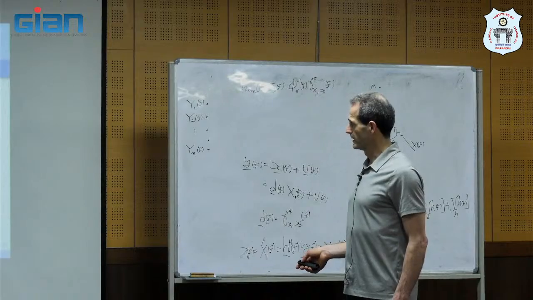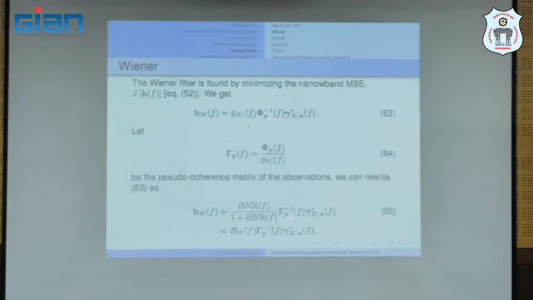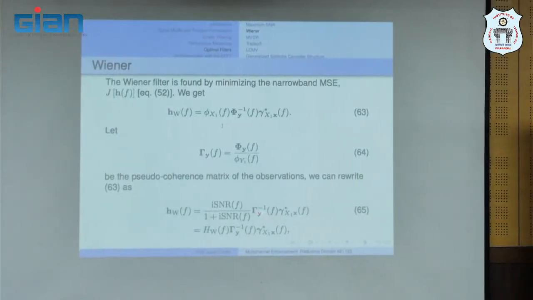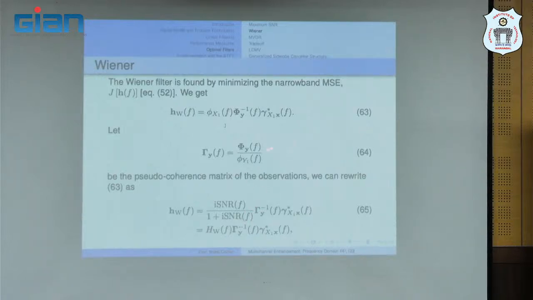Okay, so first we can show that we can write the Wiener filter like this. This is a different expression based on the normalized coherence matrix. So if we normalize it, we have something like this. And this is a nice formulation for the Wiener filter because it shows that it's a multiplication of two components.